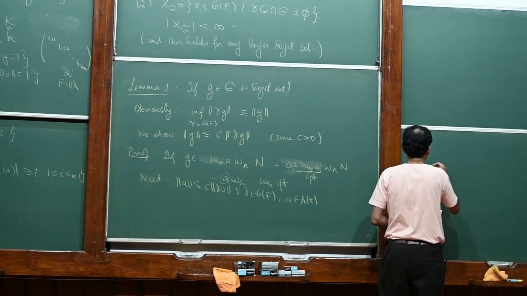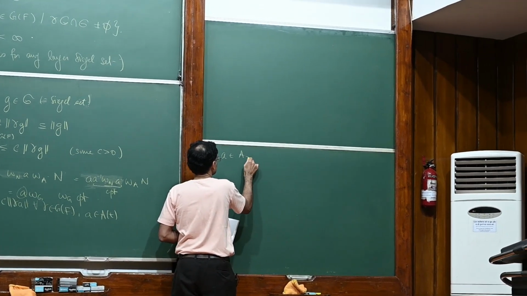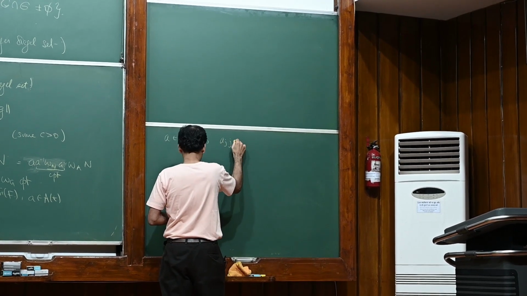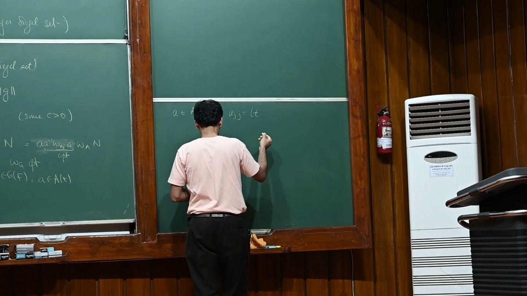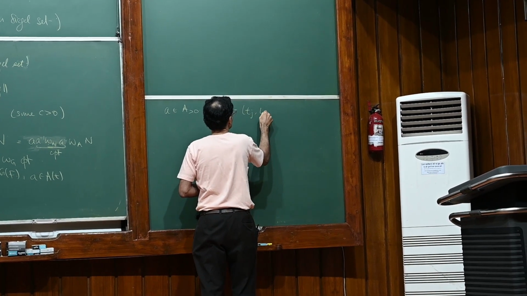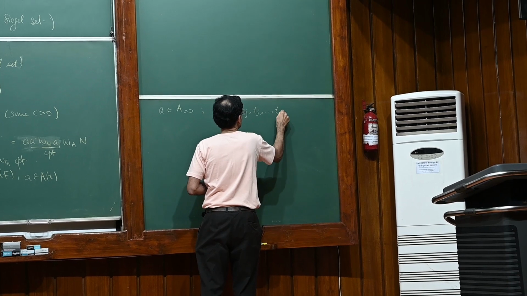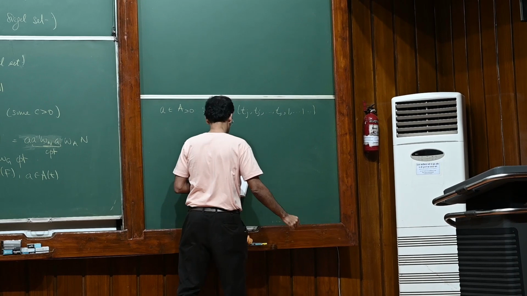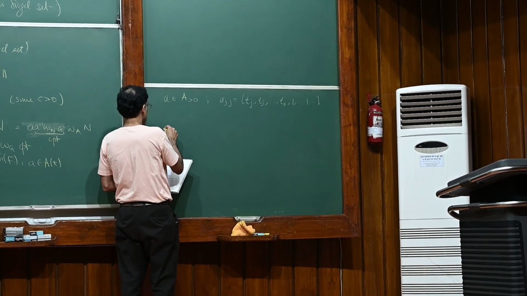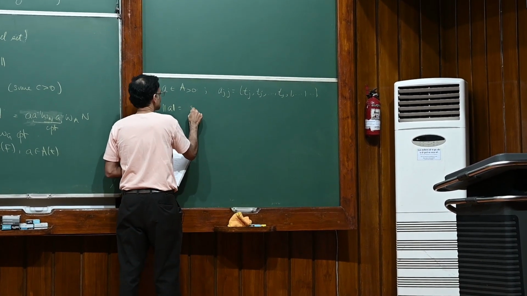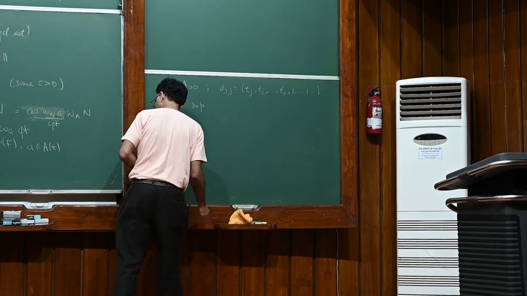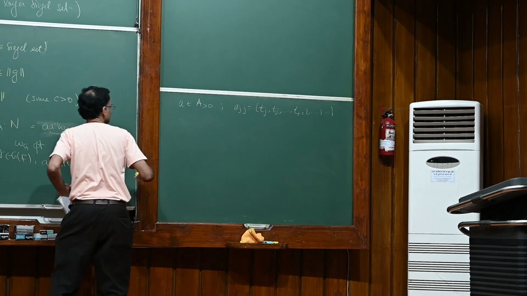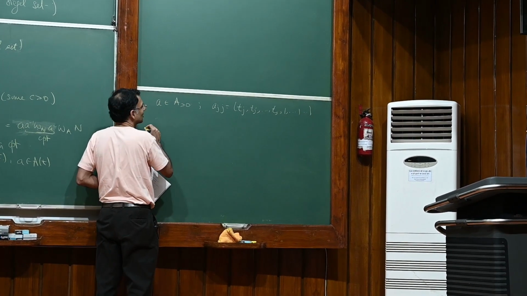So I have A greater than 0. So what does a general diagonal term look like? It looks like A_j is say t_j, t_j, t_j, 1, 1, 1, 1, and so on, right? And the norm of A is of course nothing but the sup over j. So maybe I just assume F equals Q, makes sense. Otherwise there will be some power of T coming in all the time.